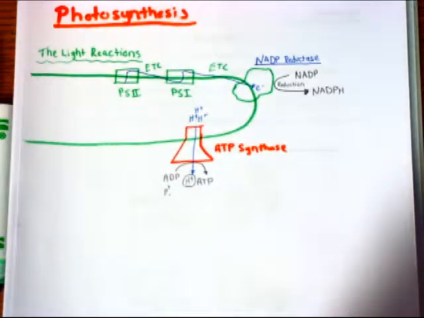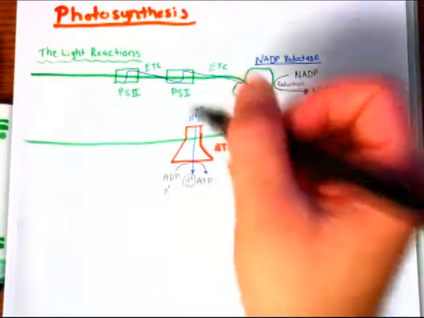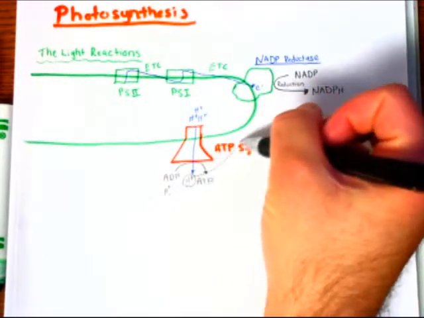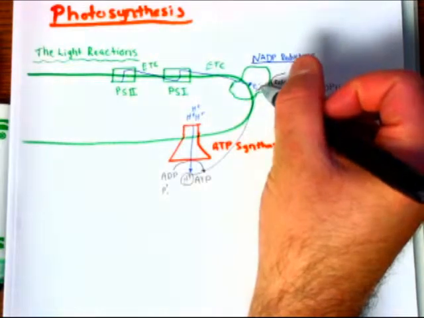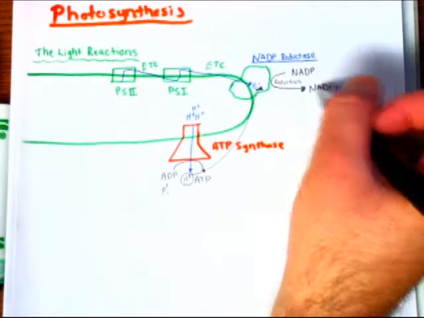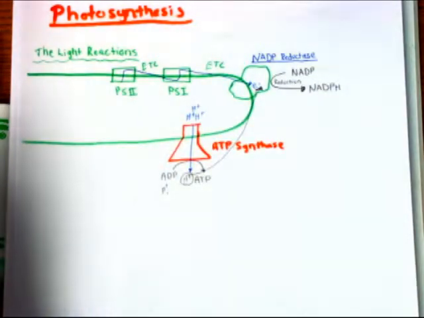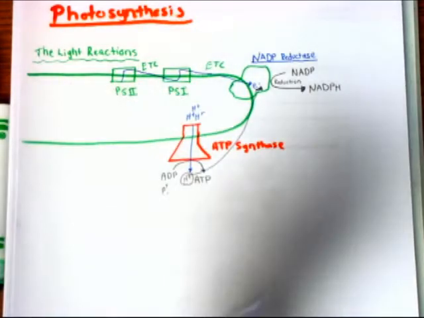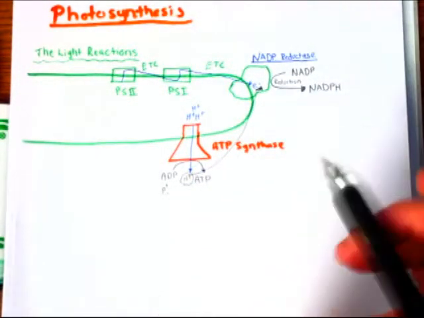Right? Now as your H pluses flow through, remember that your H pluses are actually going up to the reductase and working with that electron to form the NADPH, which leaves us with two overall major products of the light reactions.